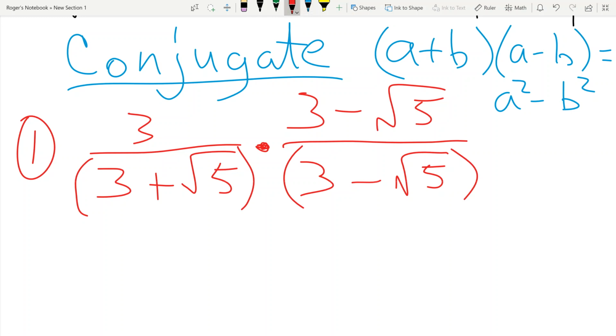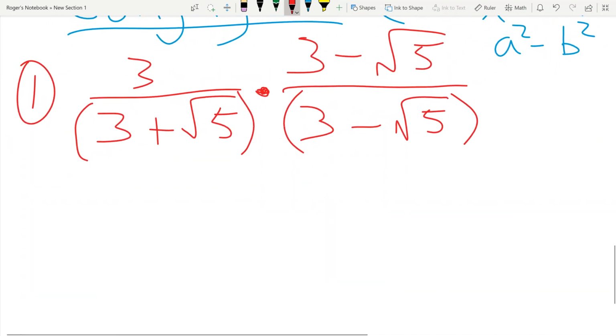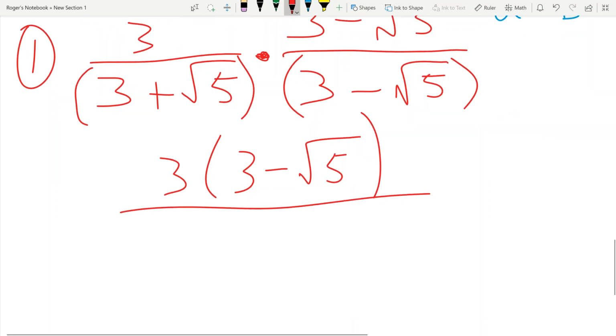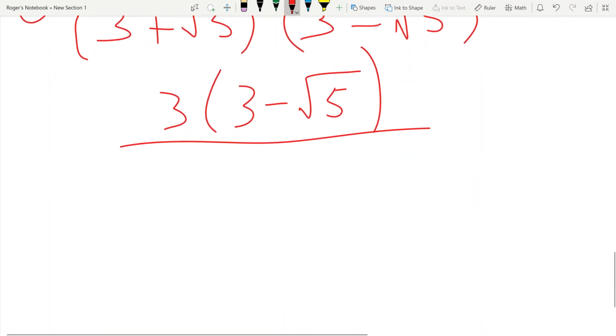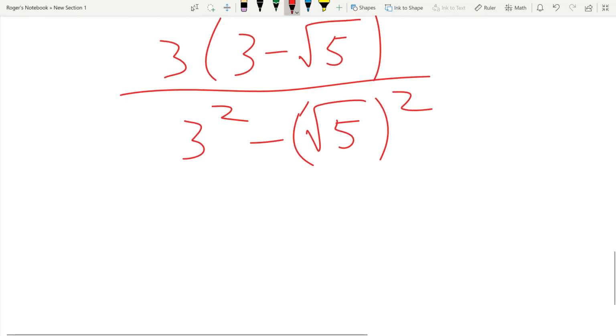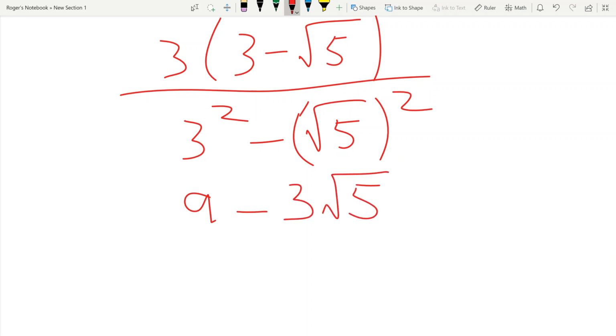So let's go ahead and multiply, work our way through this so you can see how it comes out. In the numerator, we're going to have 3 times 3 minus the square root of 5. But in the denominator, it's a little different. It's going to be 3 squared minus the square root of 5 squared. In the numerator, it just becomes 9 minus 3 square roots of 5.